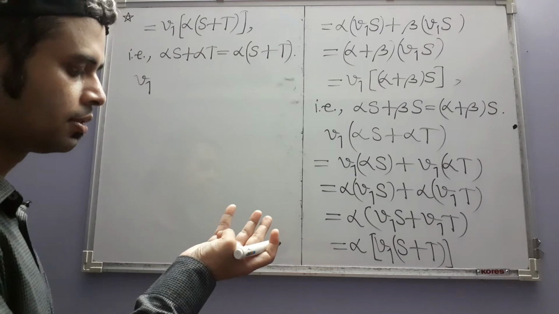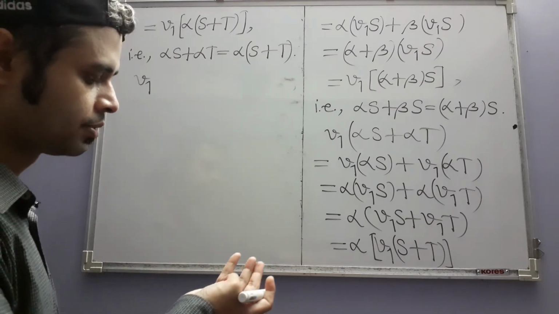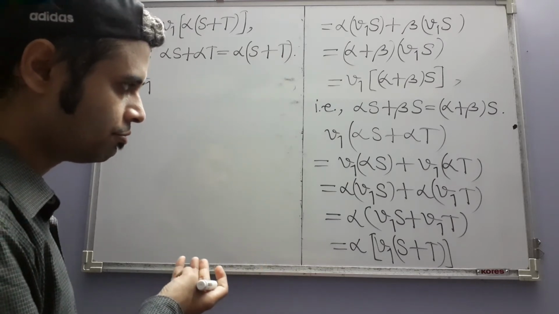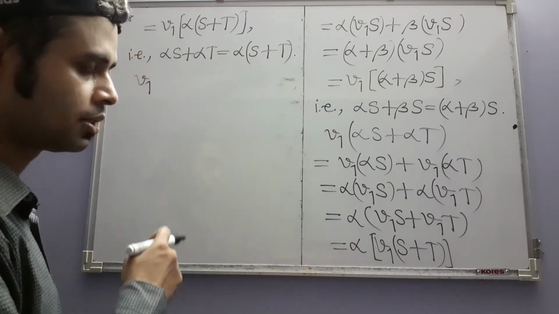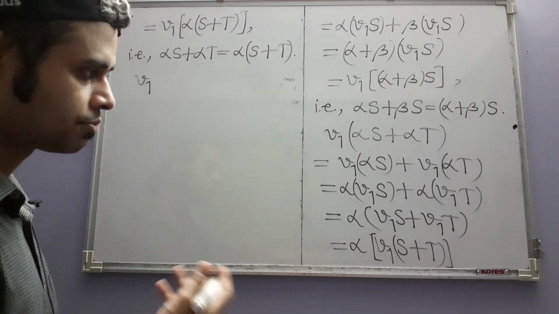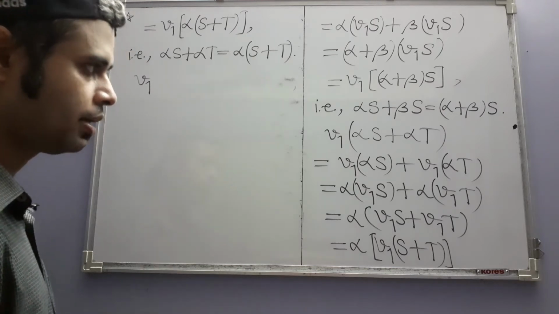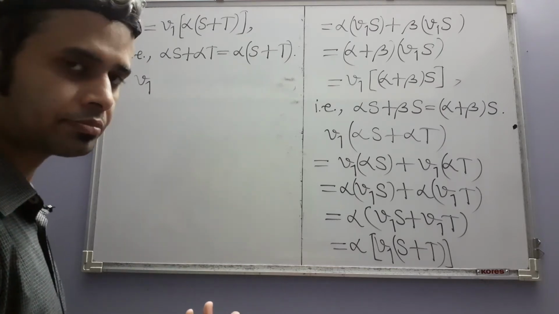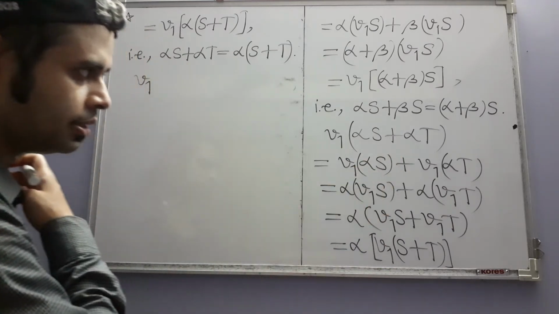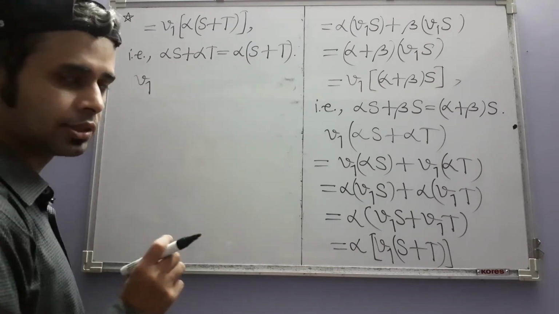One, of course, the scalars coming from the underlying field, and another type of object is the vectors coming from the domain space V, also from the codomain space W, and the final type of object are the functions, the homomorphisms themselves, S and T. So you don't confuse among these things.